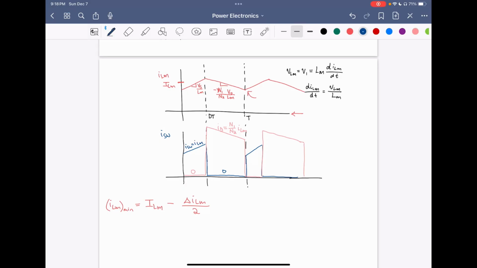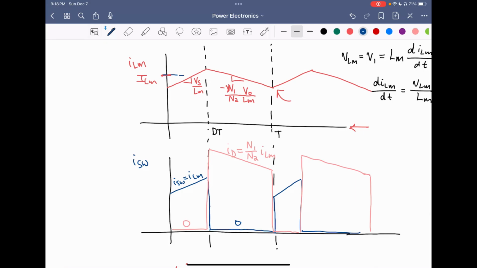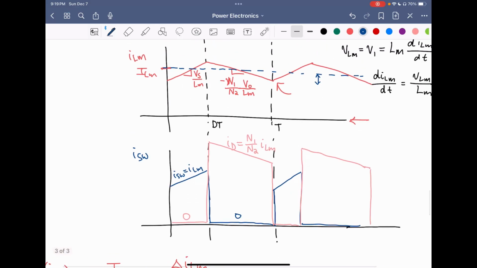So in essence, we have the average value here, and we want to subtract this value here to get the minimum value at this point. So this would be change in ILM over 2.